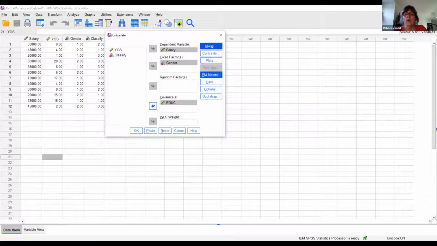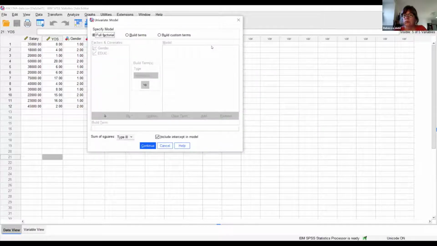Okay. We're going to choose Model, and under Model, we're going to choose Build Terms. When we click on the arrow in the middle, we have interaction. For interaction, we want to take gender and education. When you click on gender, hold shift and then move your arrow down and it'll pick up both of them.